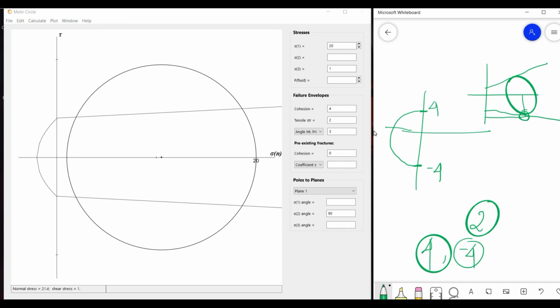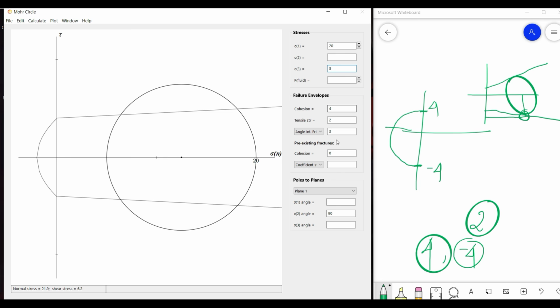That's the only concept. So in order to know that, we'll draw a tangent. Now we'll reset sigma 1 to 20 and sigma 3 to 5, because that is our original value. So now from here we'll draw the tangent.